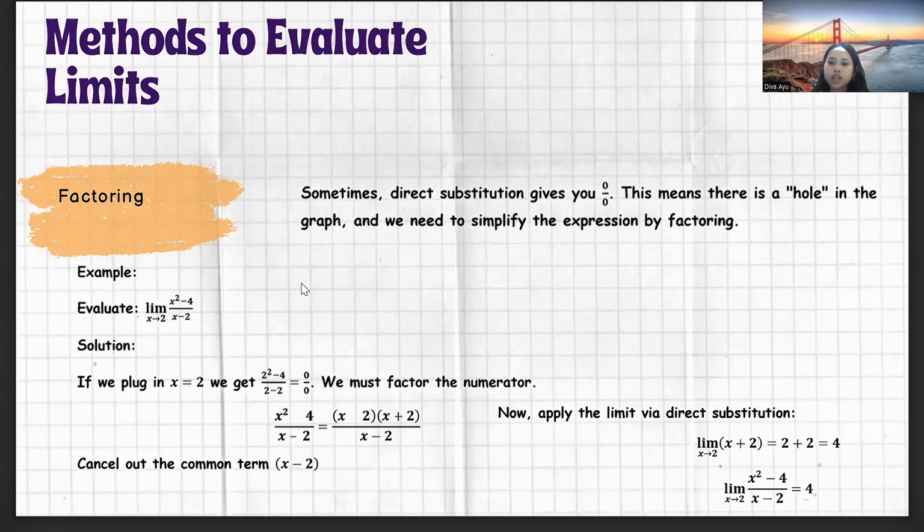The factoring method is one of the most common techniques in calculus because many polynomial limit problems can be solved in this way. Whenever direct substitution gives 0 divided by 0, always remember to check whether the expression can be factored first.